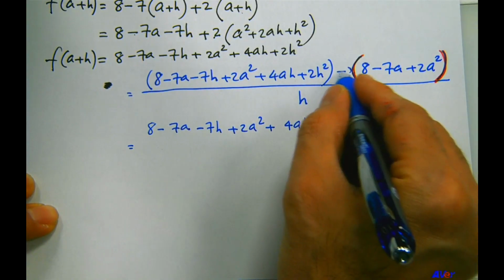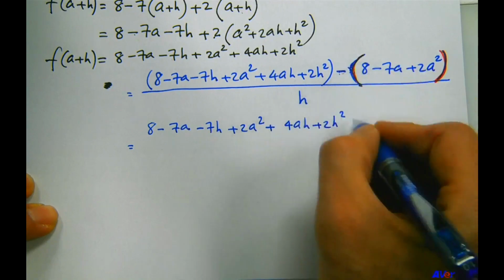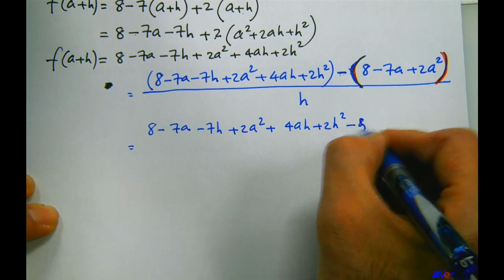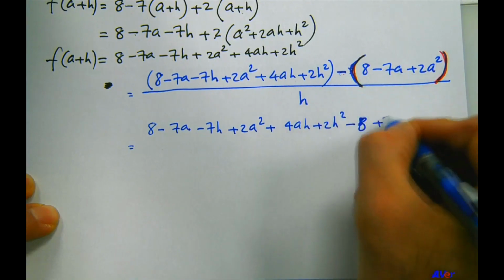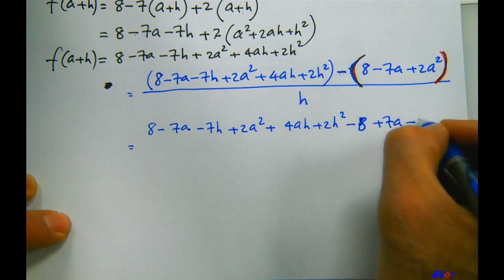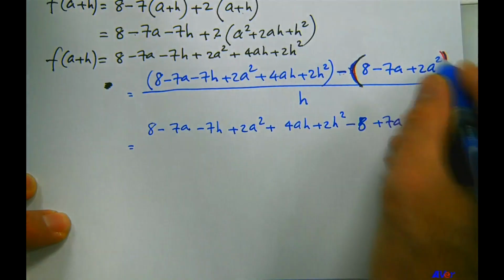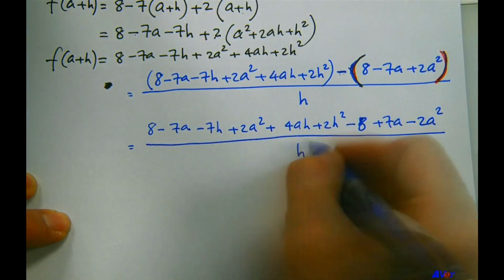Now let's distribute this into all of that. Minus 8, minus times minus 7a, positive 7a, minus times positive 2a squared, minus 2a squared, all of that over h.